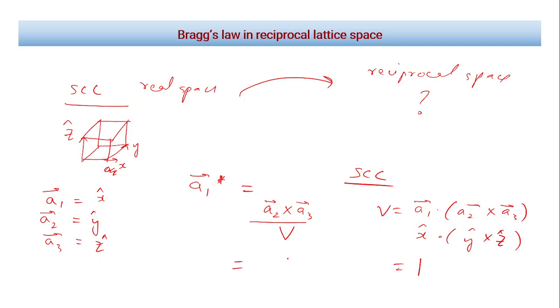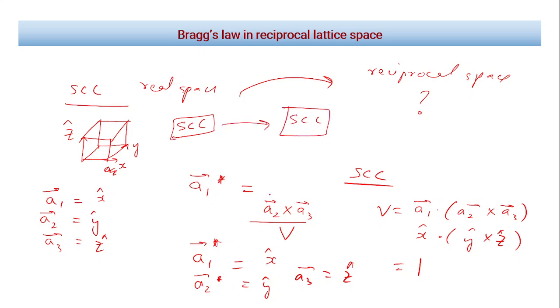A2 cross A3 gives X cap, which means A1 star is X cap. Similarly, A2 star is Y cap and A3 star is Z cap. Since X, Y and Z were perpendicular to each other, A1 star, A2 star and A3 star are also perpendicular, which means the simple cubic structure in real space remains a simple cubic structure in reciprocal space.